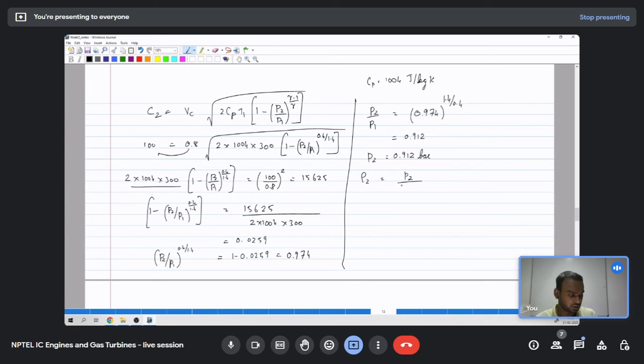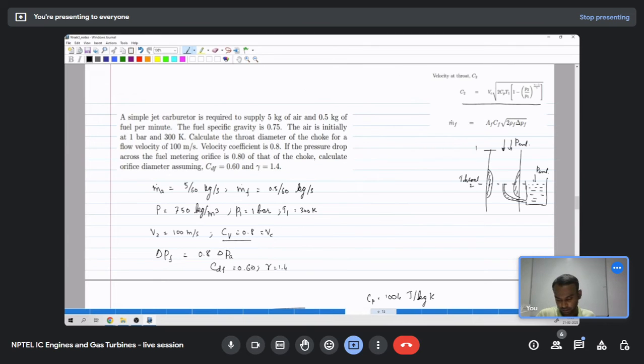We know pressure at state 2, but we have to calculate the temperature. We know P1 V1 power gamma is equal to P2 V2 power gamma. That is at state 1.